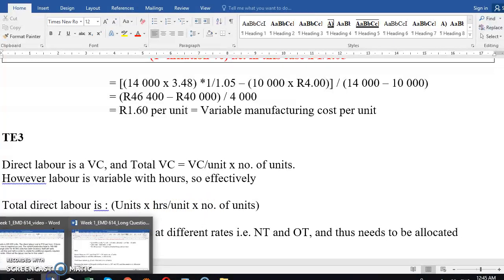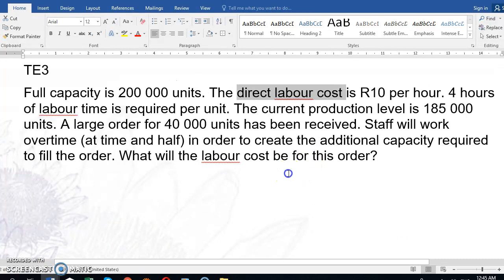Now, important to remember, in this specific example, we have full capacity of 200,000, and currently we are working at 185,000. So there's spare capacity. In other words, if they go up to 200,000 units, the laborers will not have to work overtime.